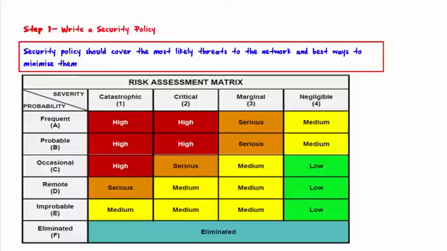A risk assessment will often give a dollar amount that it would cost the company should a particular risk be realized, which is multiplied by the number of times that risk is likely to be realized per year.